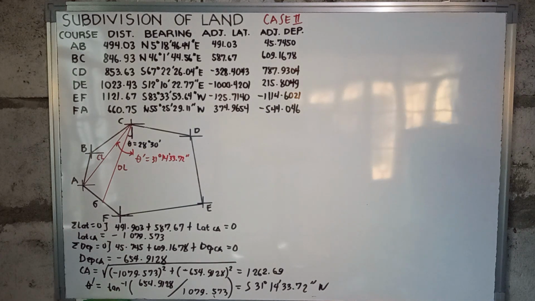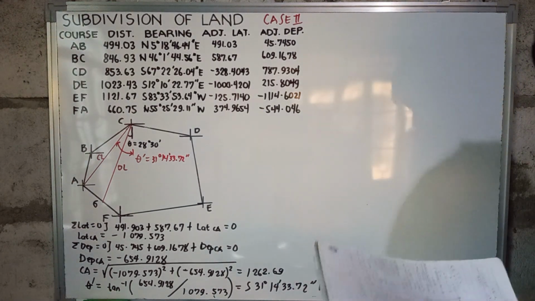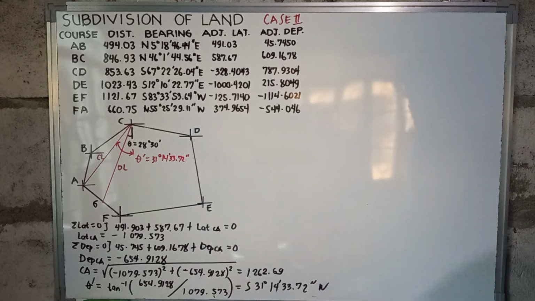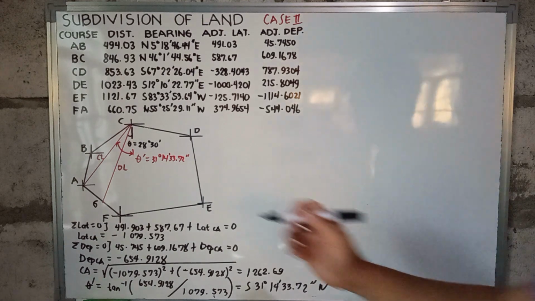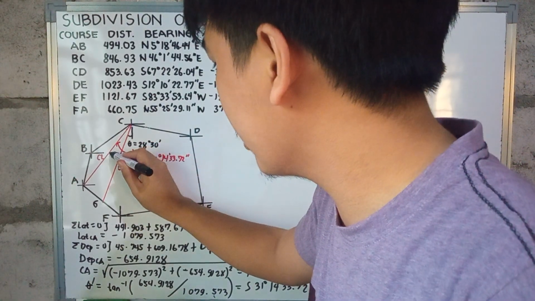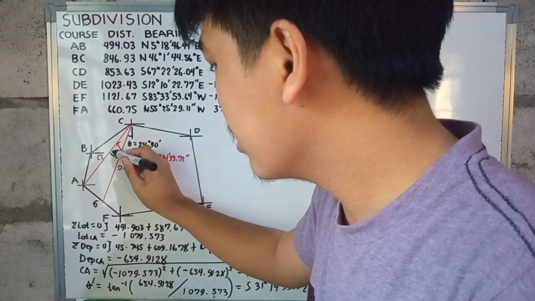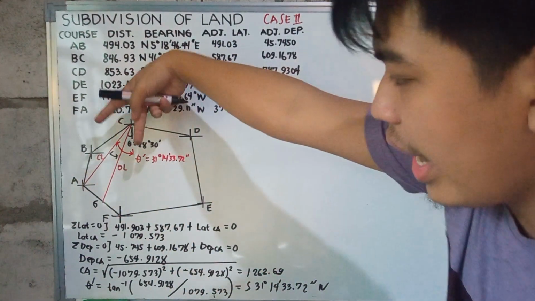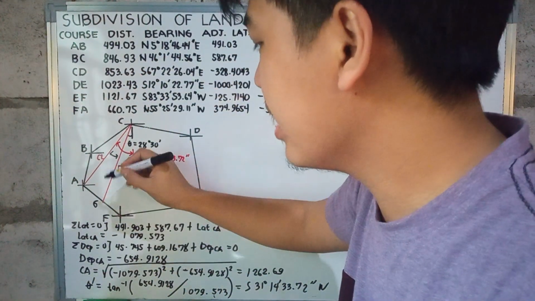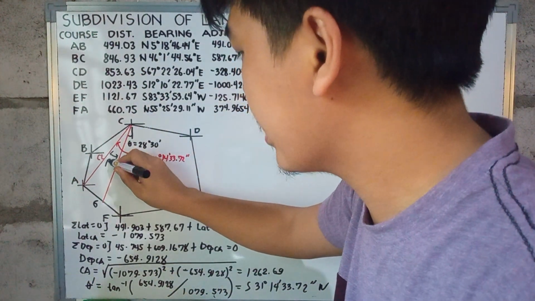So, in our example, atakihin natin sa mga angles. So, let's say, in this example, we have angle beta. So, angle beta, nandito siya. The angle included by CL and DL. So, let's say that is beta.